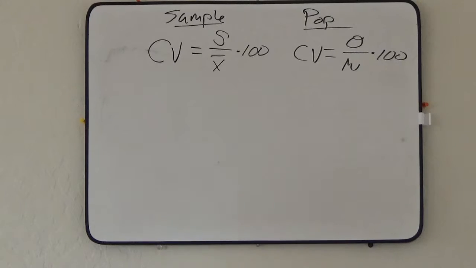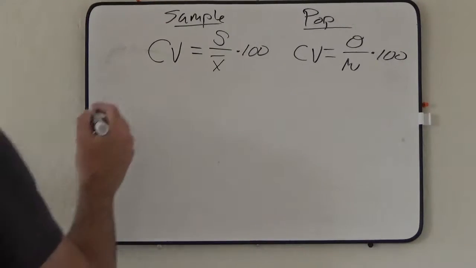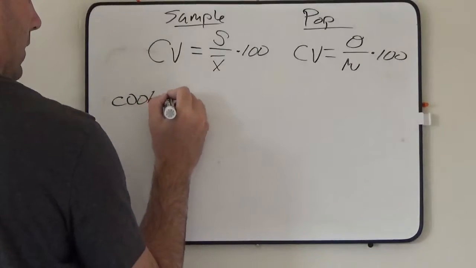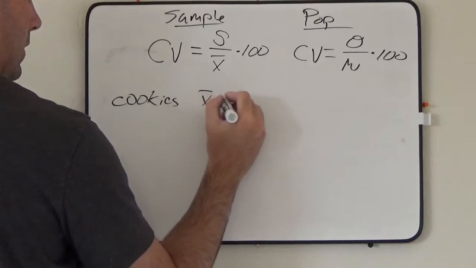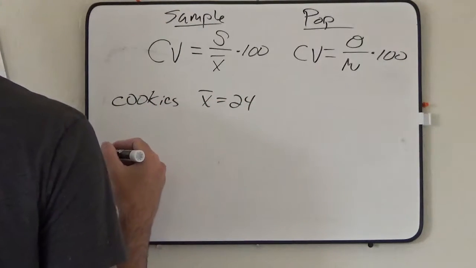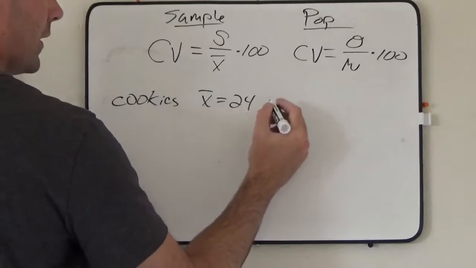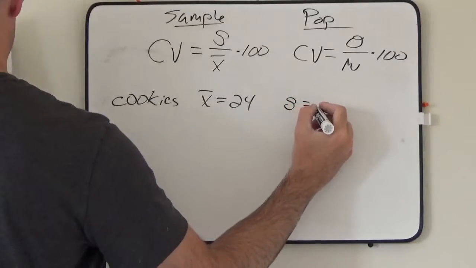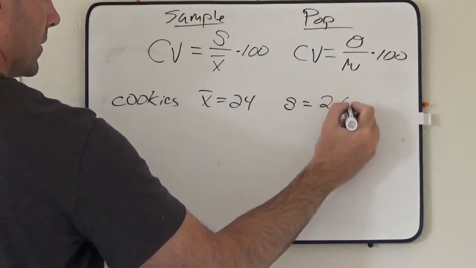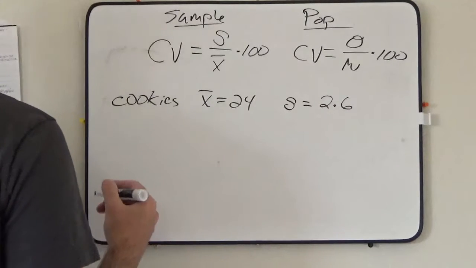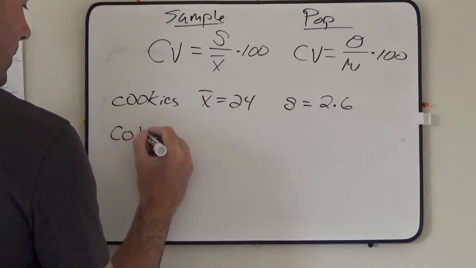So, cookies have a mean of 24 chips and a standard deviation of 2.6 chips. Now, how do you compare that to Coke?